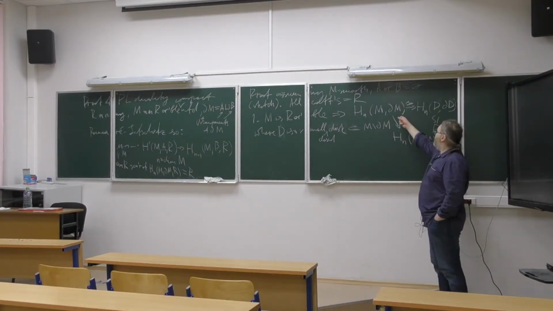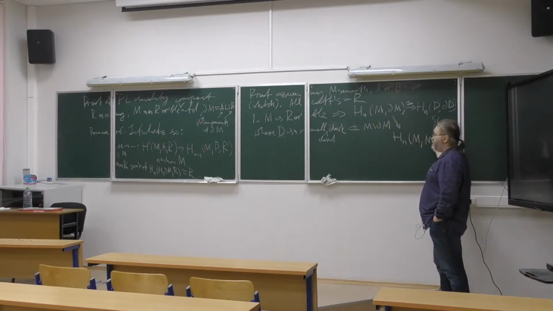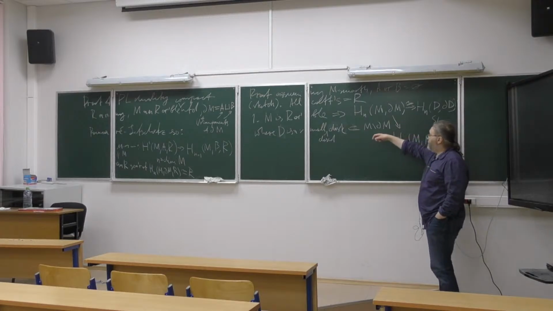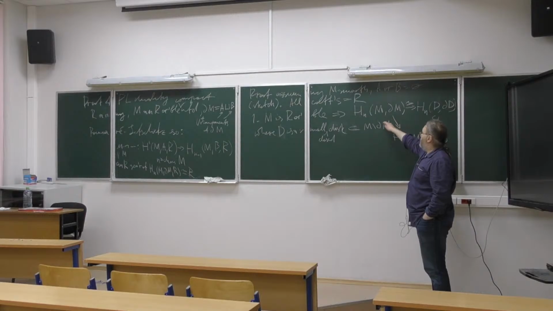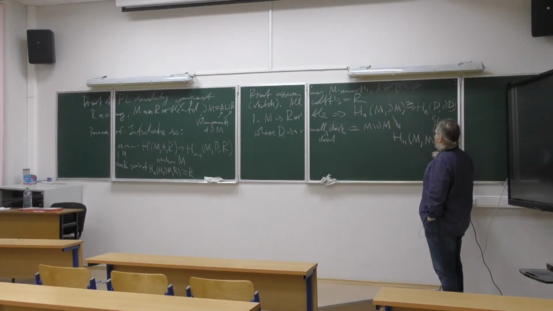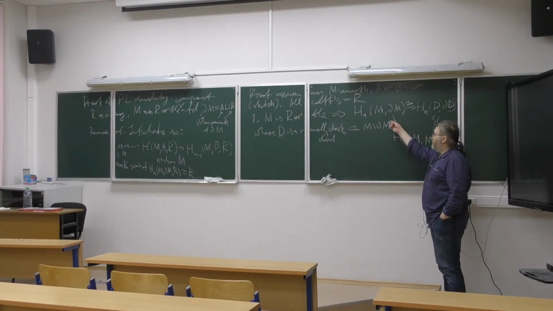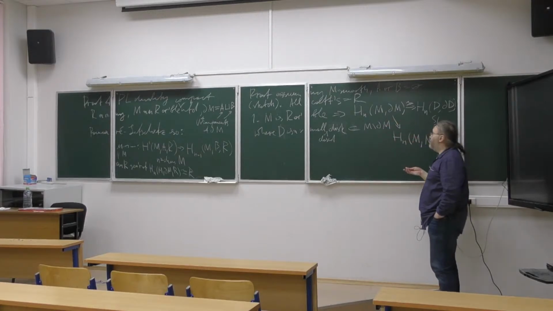Why? Because delta M is contained in M minus D. Why? Well, because D is contained in M minus delta M. So this map is just the map induced by the inclusion of pairs.